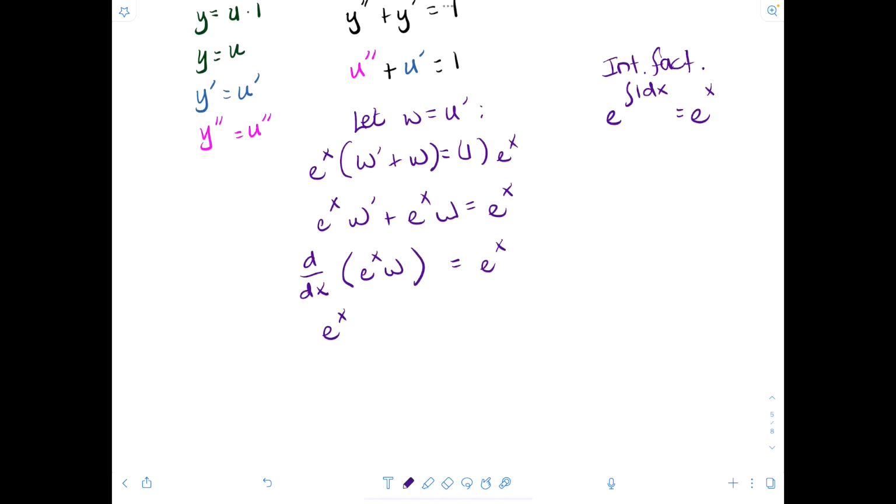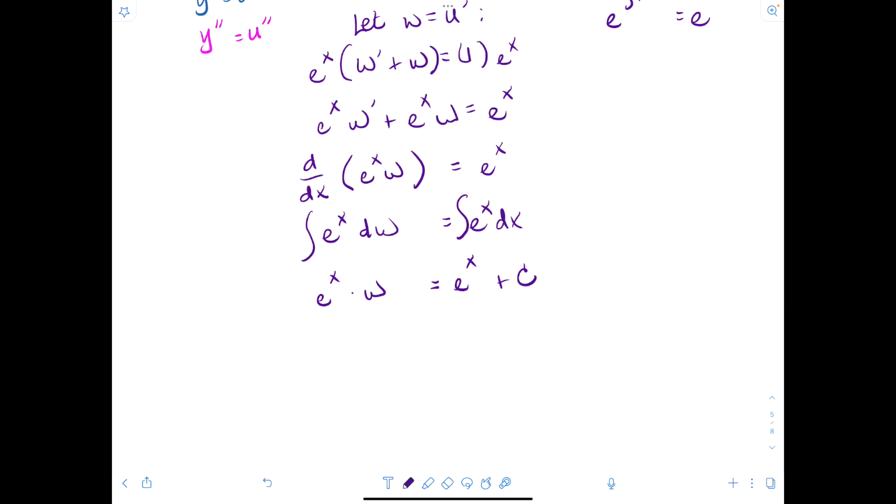Integrating both sides, e to the x times w is equal to e to the x plus some constant of integration, call it constant 1.